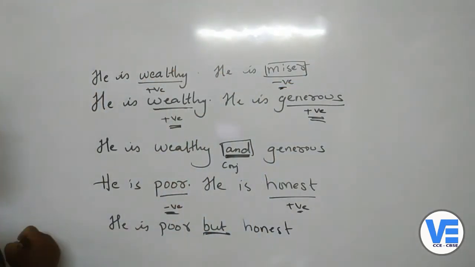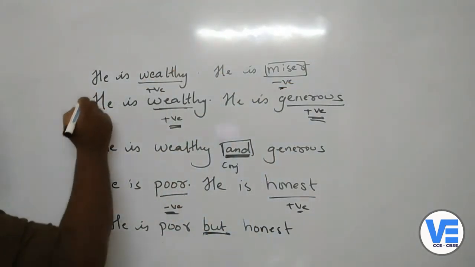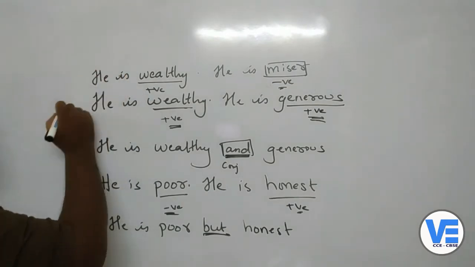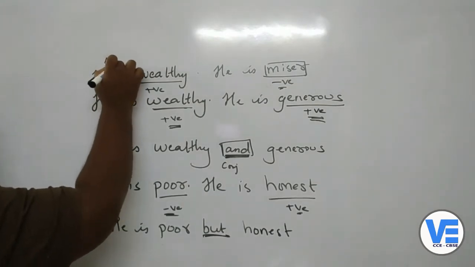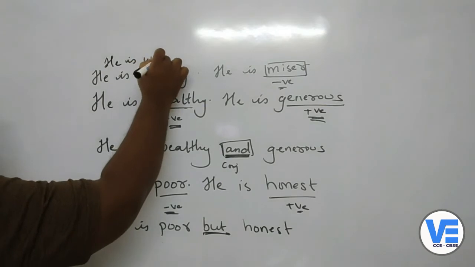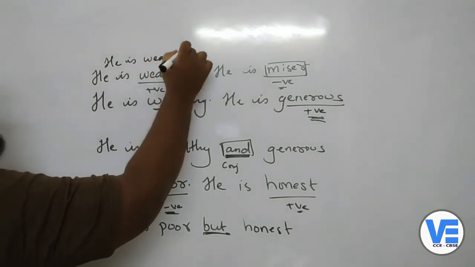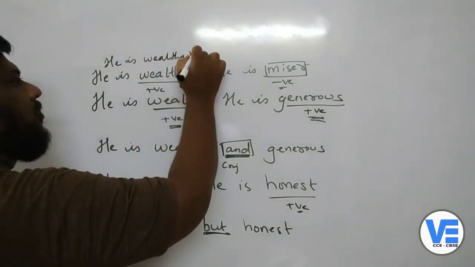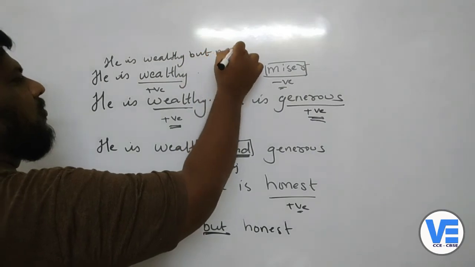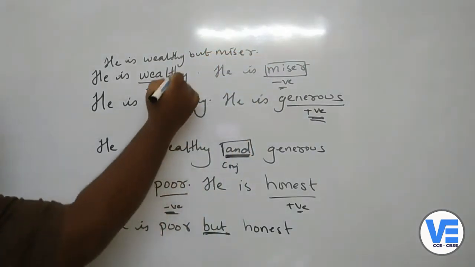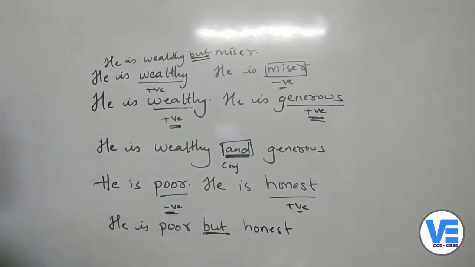Now how can you join the sentences here? He is wealthy but miser. Again we are using the word but as a conjunction here to join these two sentences.